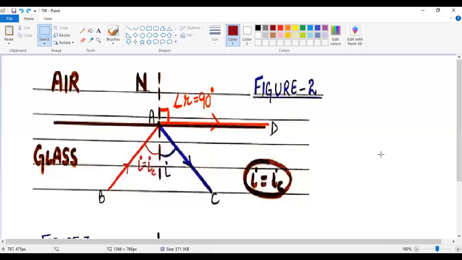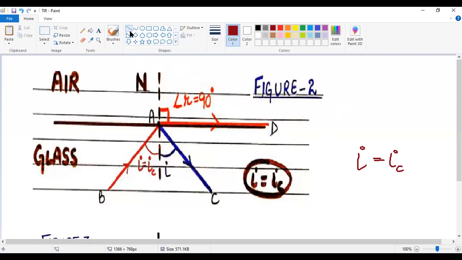Now, students, let us observe figure number 2. In this case, our angle of incidence is now equal to critical angle of the glass.